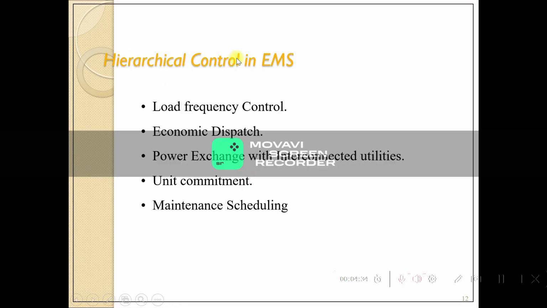So the next one, hierarchical control in energy management system: load frequency control, economic dispatch, power exchange with interconnected utilities, unit commitment, and then maintenance scheduling.